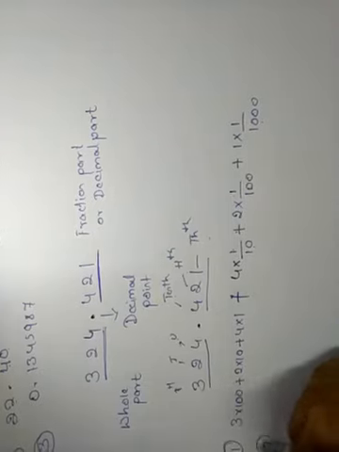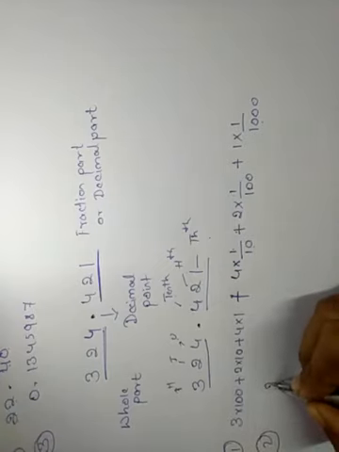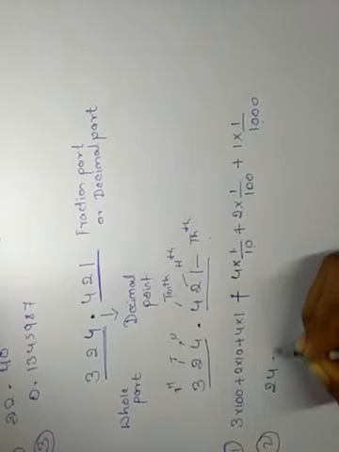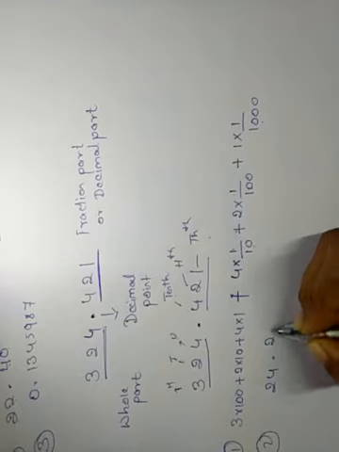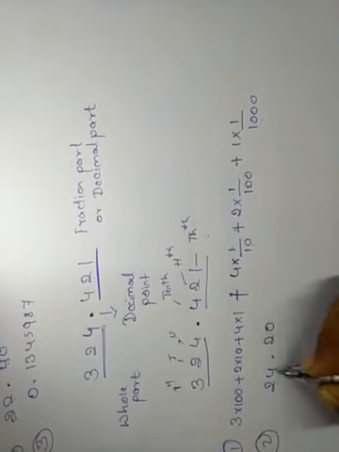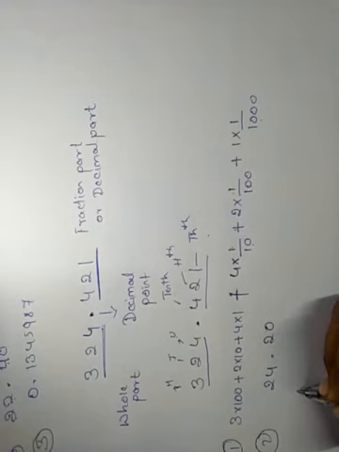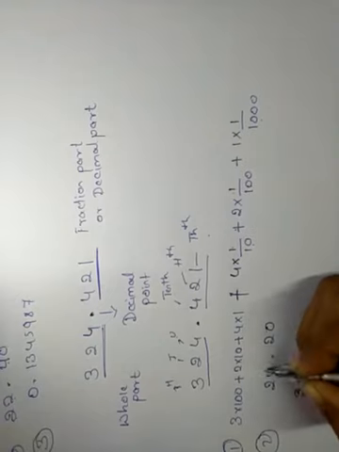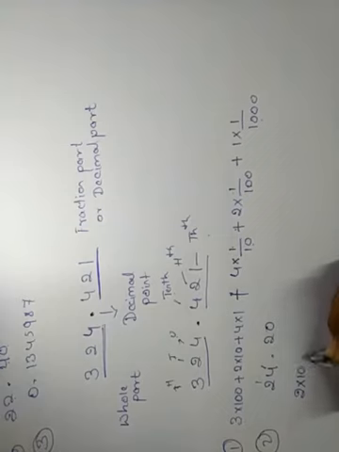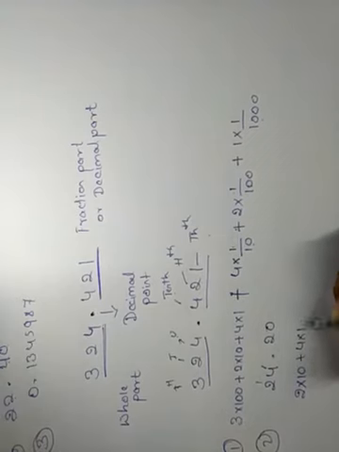This is the first example. Second example, we'll take 24.20. This is the whole part. Now we write the whole part in expanded form: 2 into 10 plus 4 into 1.